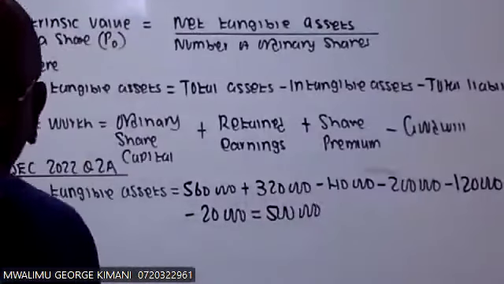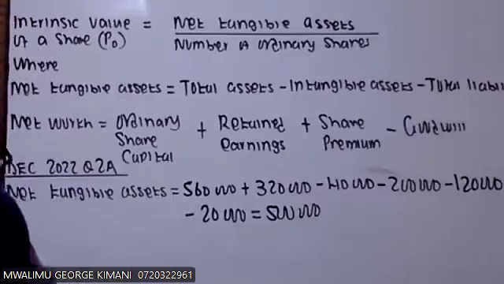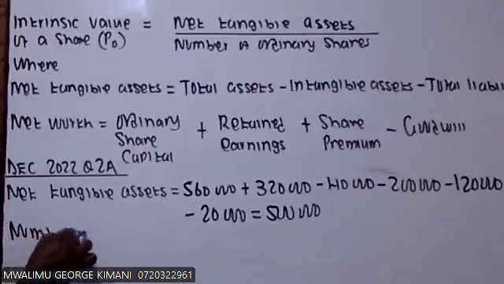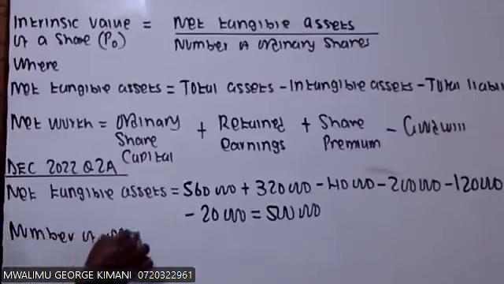If that is the net assets, what else do we require? The number of ordinary shares, which we also need to compute.